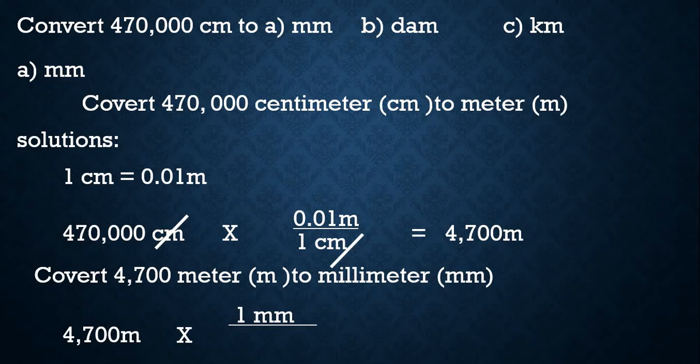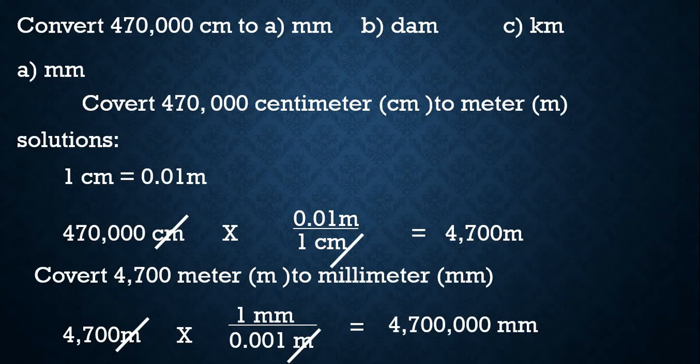Our numerator is 1 millimeter, and our denominator is 0.001 meter. Why? Because that is what we will cancel. So let us cancel meter. What is left is millimeter. Then 4,700 times 1 divided by 0.001 is 4,700,000 millimeters. So the answer is 4,700,000 millimeters.